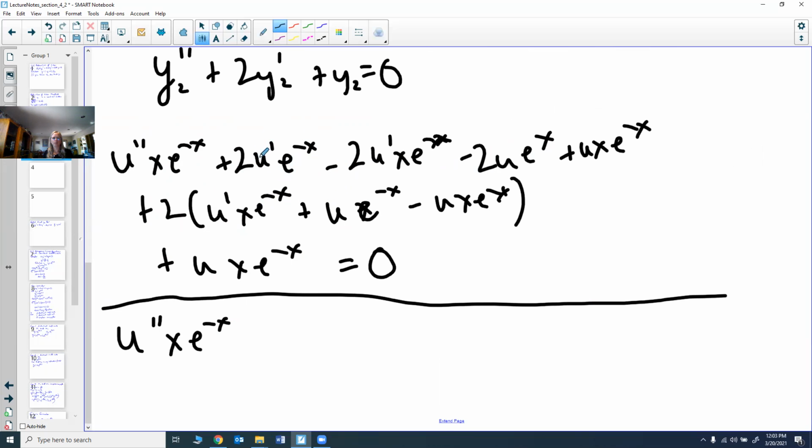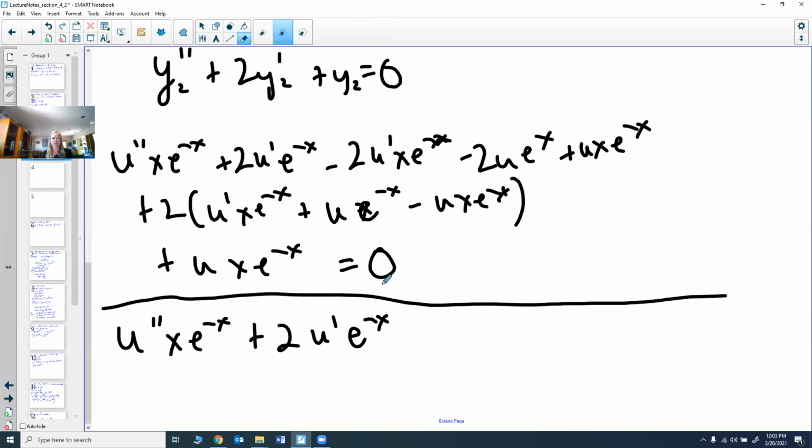Right, I've got a 2u prime e to the minus x, and I have a minus 2u. Now I have another 2u prime. I know things are supposed to cancel. Oh, no, those are supposed to cancel. Okay. So collecting those like terms together, I have a 2u prime e to the minus x, and everything else goes to 0.